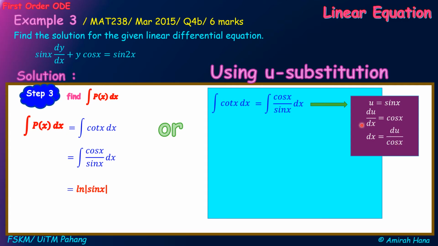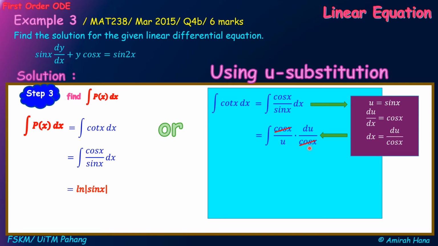We substitute back into the integration of cos x over sin x dx. We still have cos x in the numerator, we replace sin x with u, and we replace dx with du over cos x. After that, we can simplify cos x and cos x.